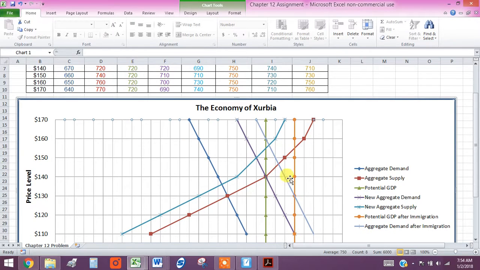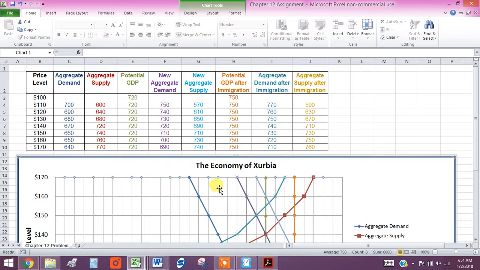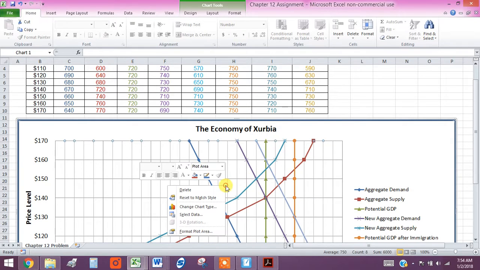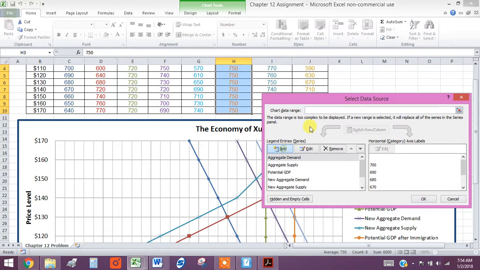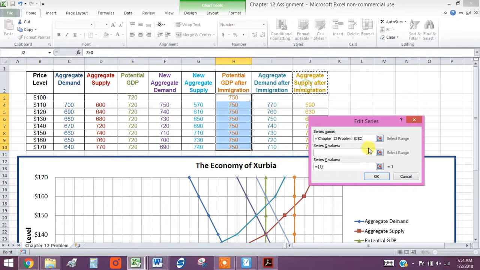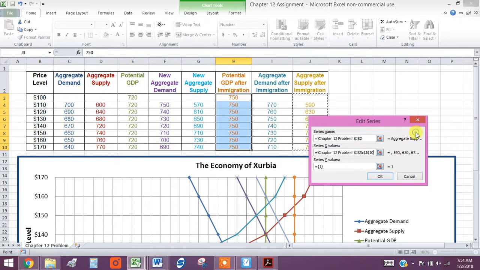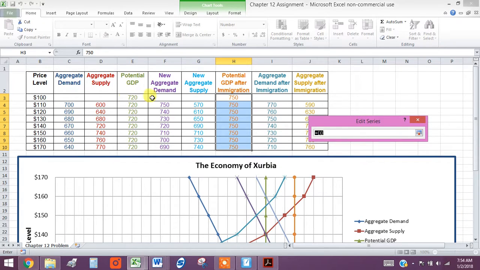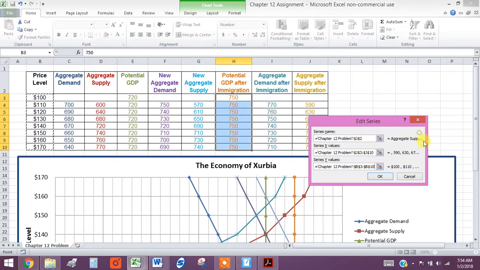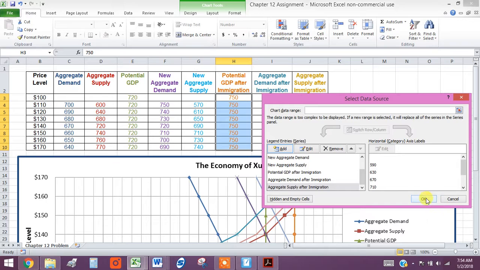So now we need one more. So we're going to do our aggregate supply after immigration. So we're going to add, select aggregate supply, click here, select all those, click there, select our Y values right here, click the down arrow, click OK, and that should be it.